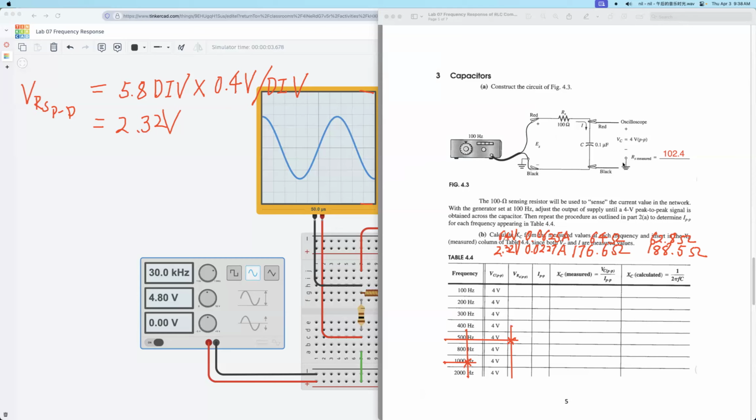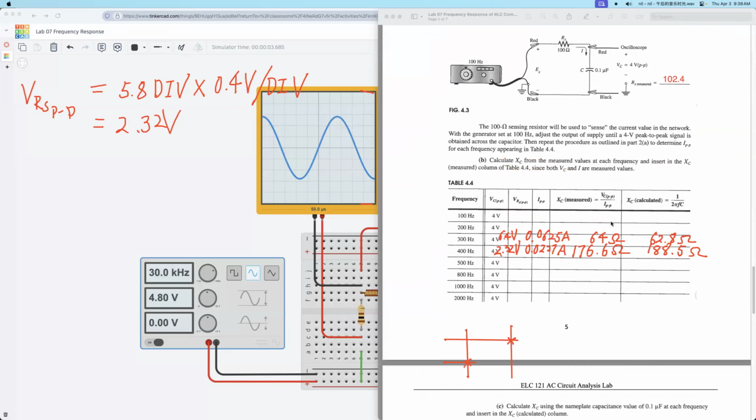Okay. Then measure the VRS, the same one, VRS peak to peak value. Then calculate the current. Then get the XC, that's the VC divided by the current. Then also compare with the nominal value. So C is 0.1 μF, microfarads.